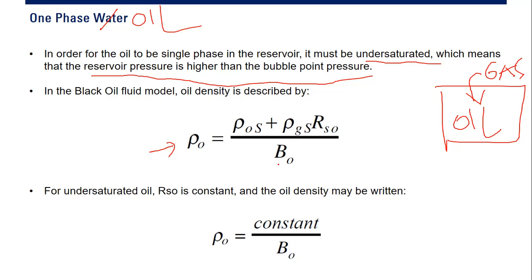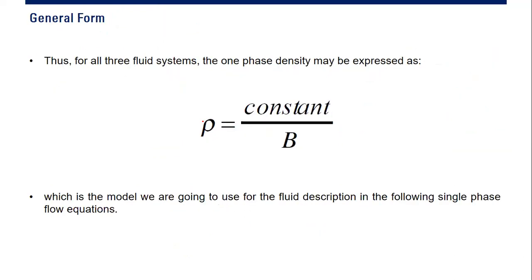For undersaturated oil, Rs is constant and the oil density may be written like this. So we have a constant numerator divided by the oil formation volume factor. So this is how we describe a one phase oil system for our reservoir model.